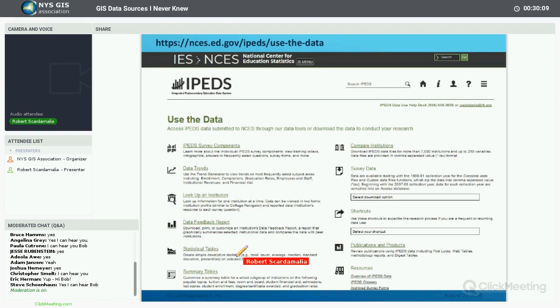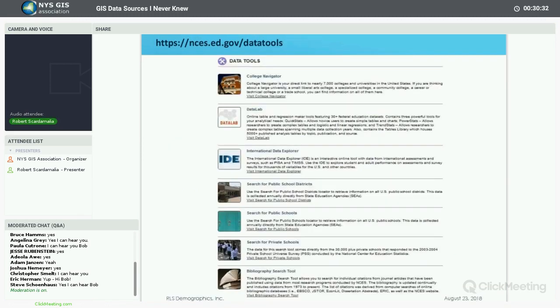There's a standard set of statistical tables, and NCES puts out an Education Digest every year of hundreds and hundreds of tables for the nation, for states, and for districts. So all of that information is readily available to you. We'll go through the learning curve and learn how to access it.